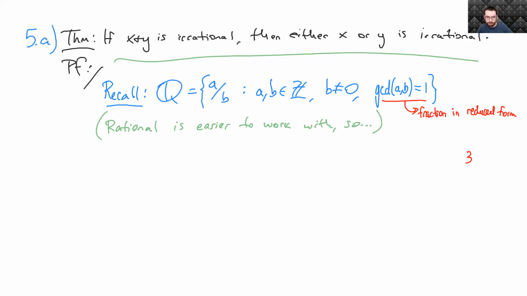We know the definition of rational. The definition of irrational is just the opposite of this, which is a weird thing to talk about. So maybe that hints to you I could try a proof by contradiction.